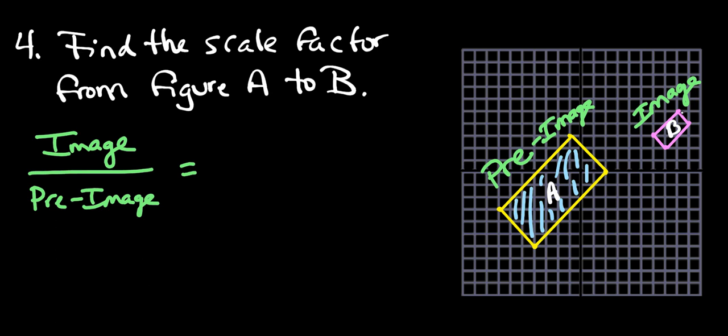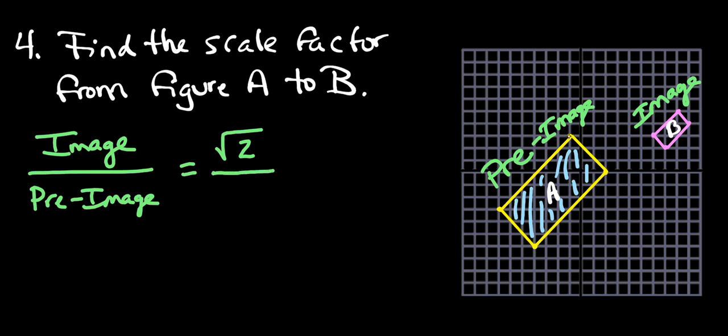So here you'll notice this side here, we've got over 1, down 1. Now, in that particular case, we end up with a length, which would be the square root of 2. Because you'll have 1 squared plus 1 squared is 2. Square root of 2 is the length there.